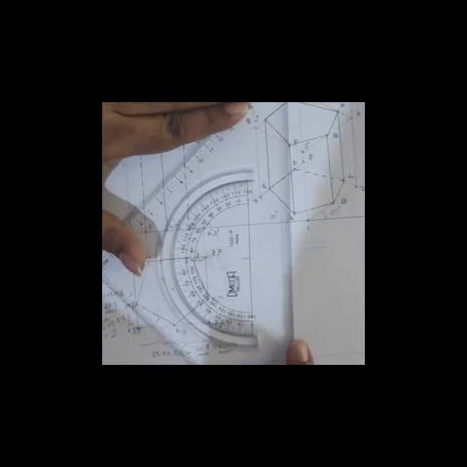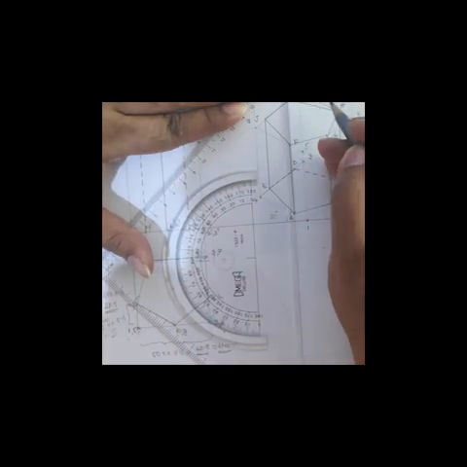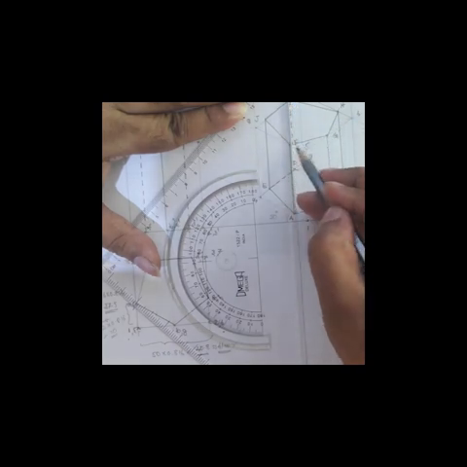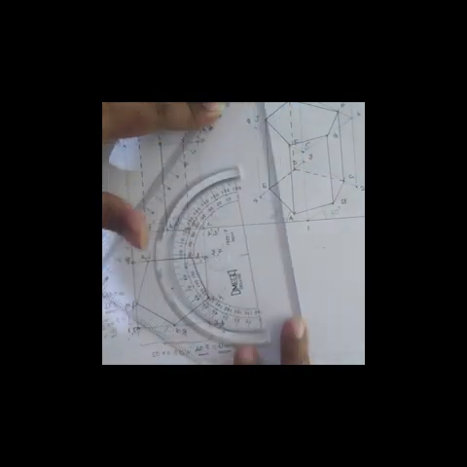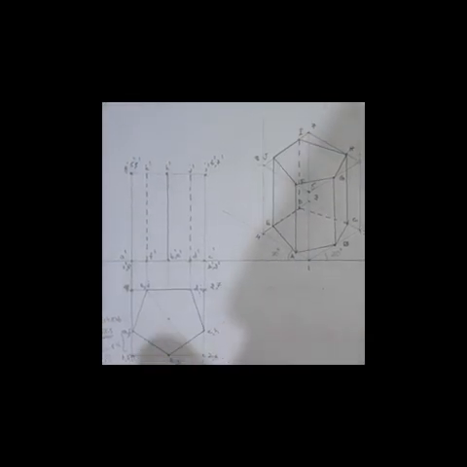Then ID, the lateral edge ID is hidden. That must be dotted. And that completes our isometric projection of the pentagonal prism.